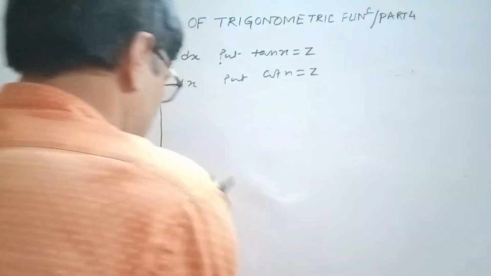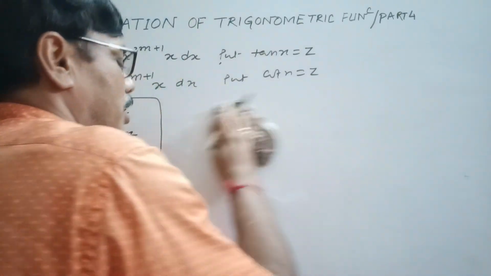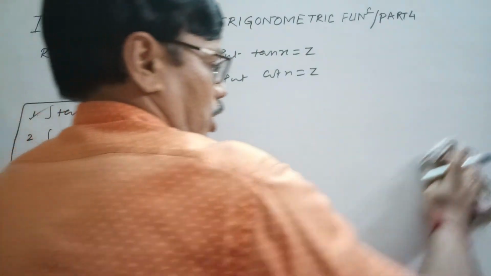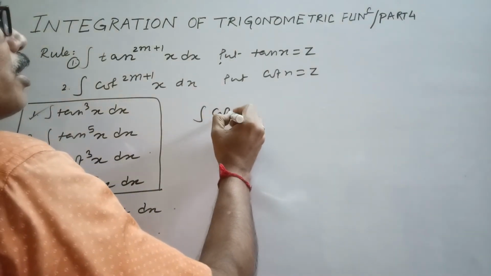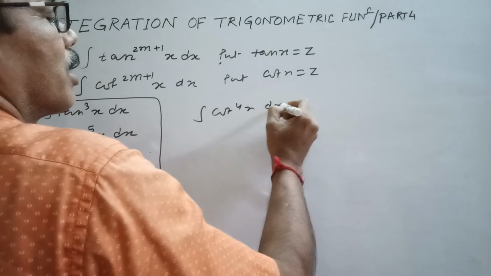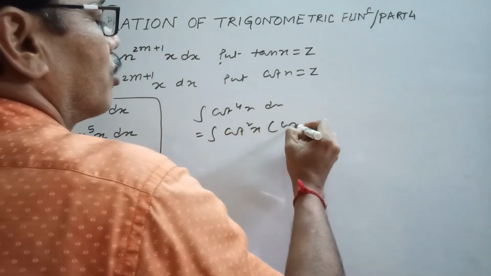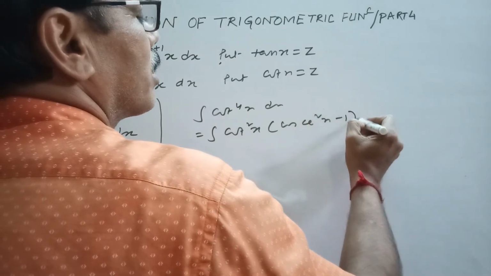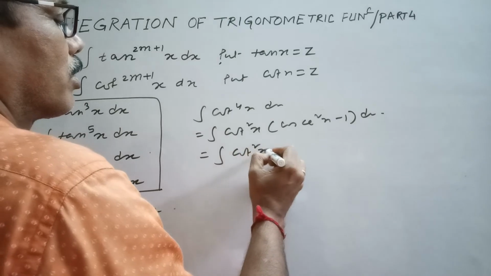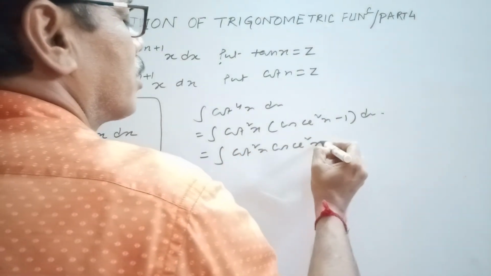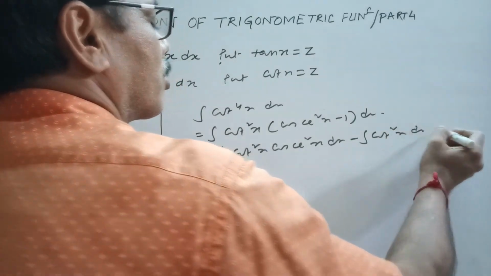So our aim is to express the given trigonometric function in terms of standard form. So look, if it is cot to the power 4x dx, this is cot square x, and this one is cosec square x minus 1. So cot square x into cosec square x dx minus cot square x dx.